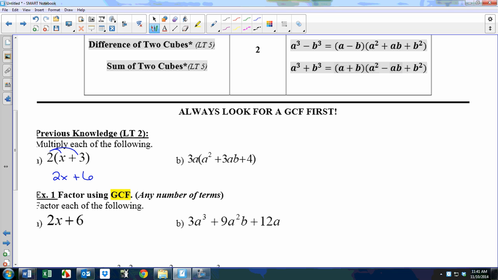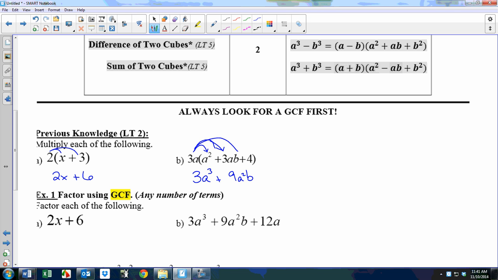Okay. With part B, multiply 3a times a, and you get, do you remember this one? 3a cubed, yeah, 3a cubed. And 3a times the 3ab would be 9a squared b.